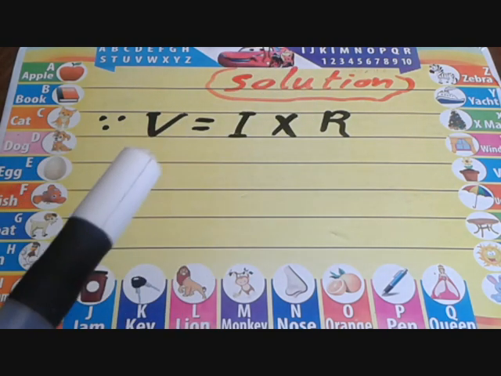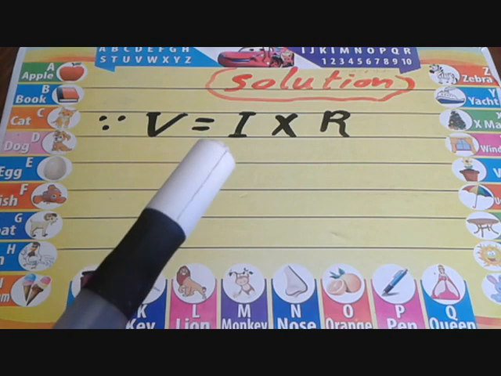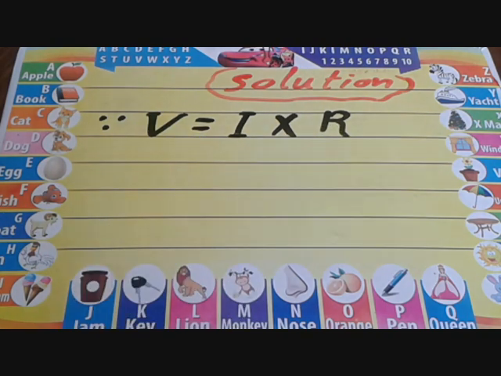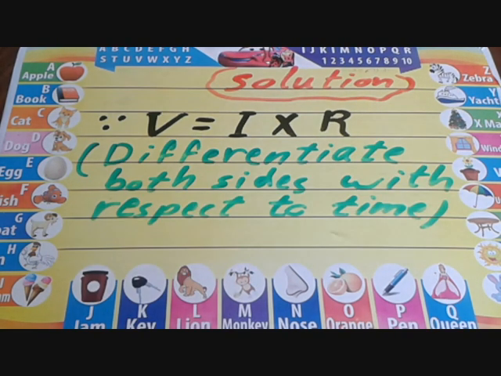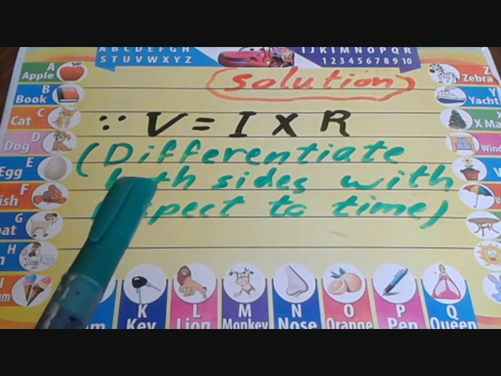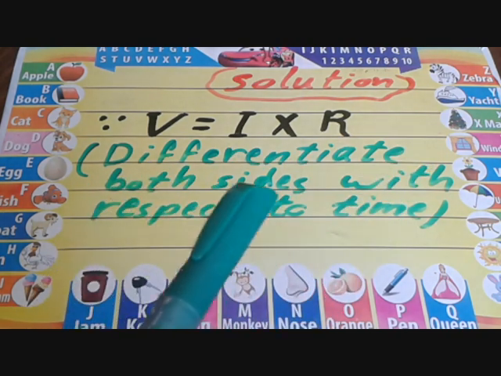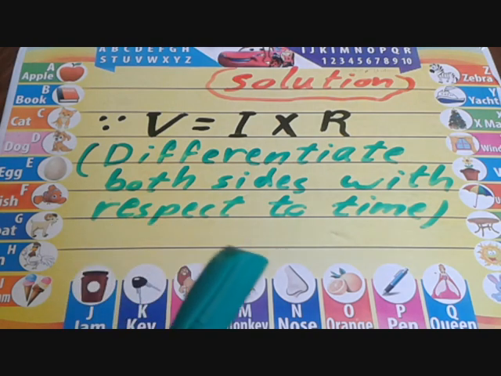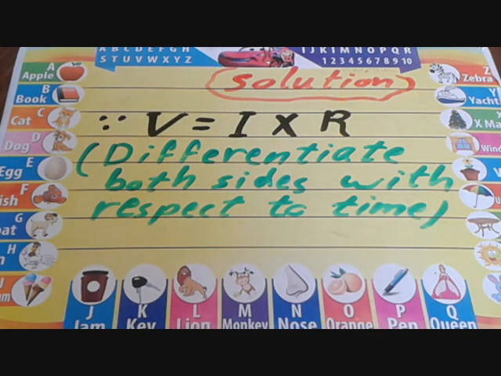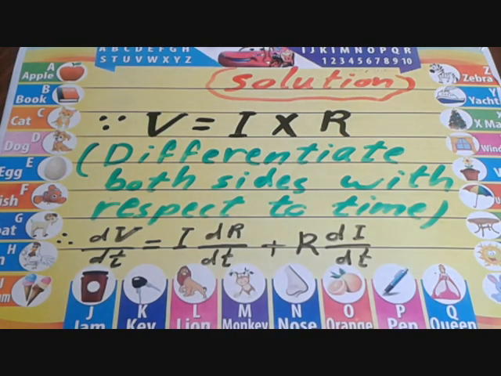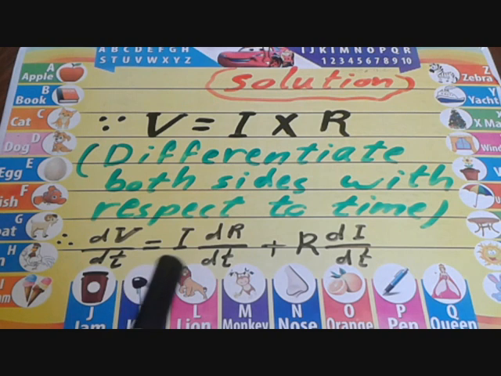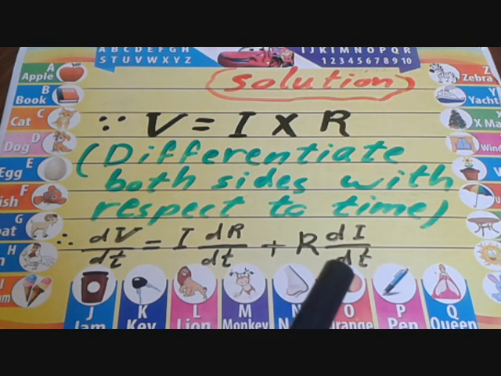Solution: since V equals I times R, differentiate both sides with respect to time. Therefore, dV by dt equals I dR by dt plus R dI by dt.